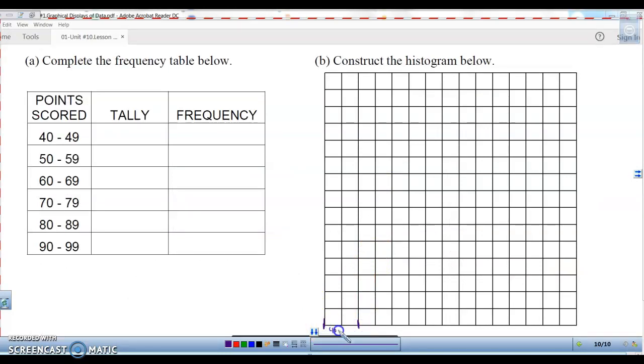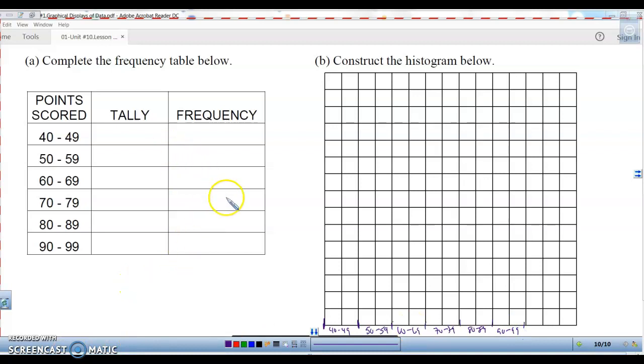Now 50 would be the next number in the group, between here and here, and it's got to touch because 49 and 50 are right next to each other. Then I go on to the next one, 60 to 69, 70 to 79, 80 to 89, and 90 to 99. And I've got all of my sections done.